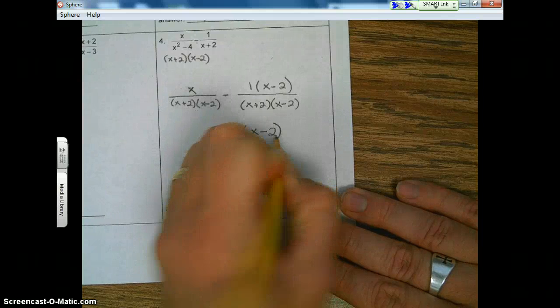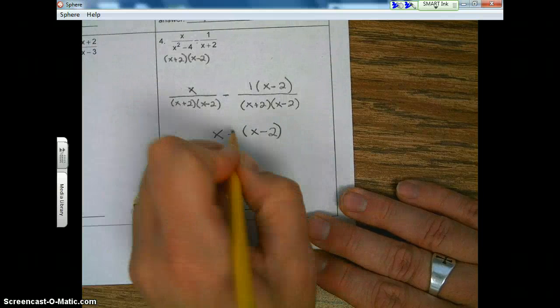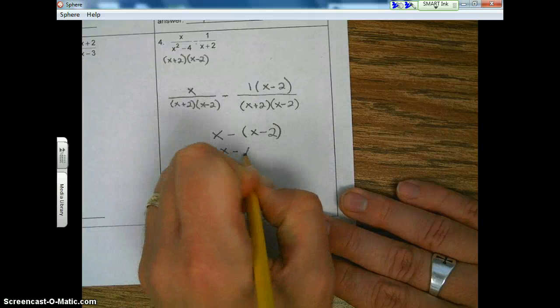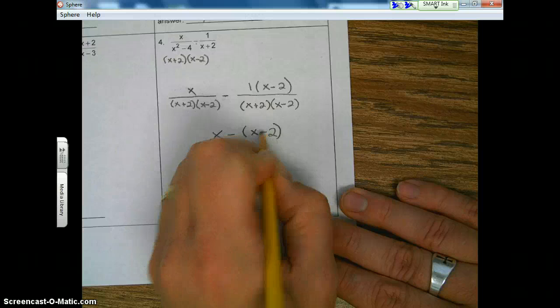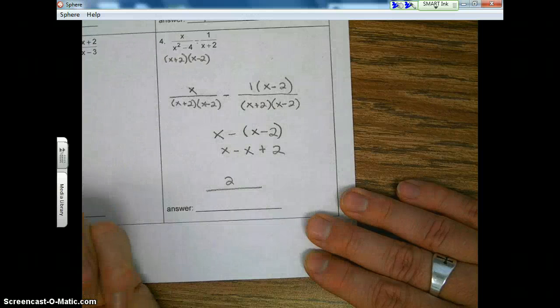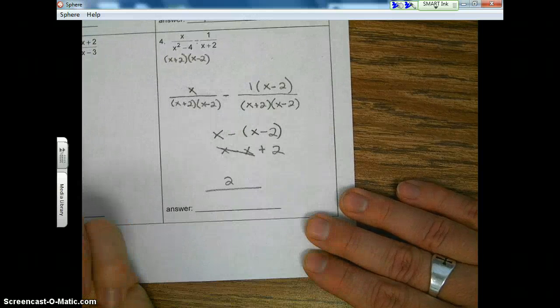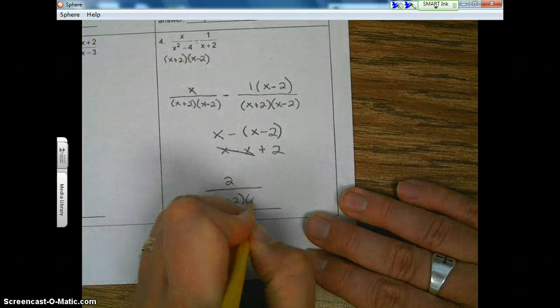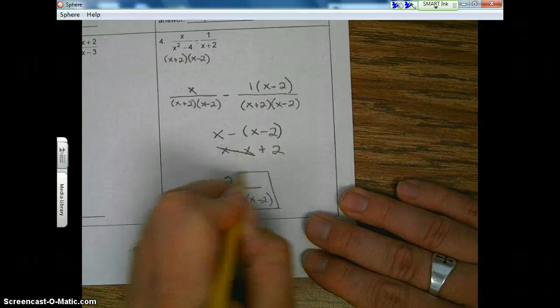A little bit closer. X minus x minus negative 2. Okay, over our common denominator. All right, moving on.